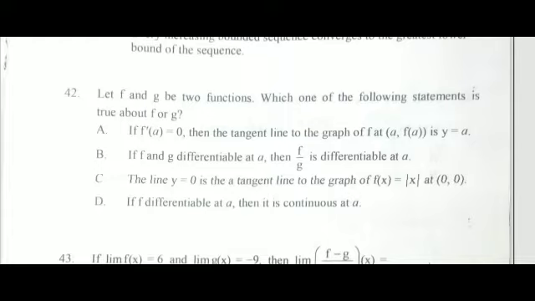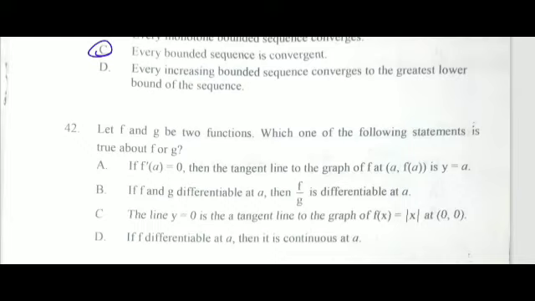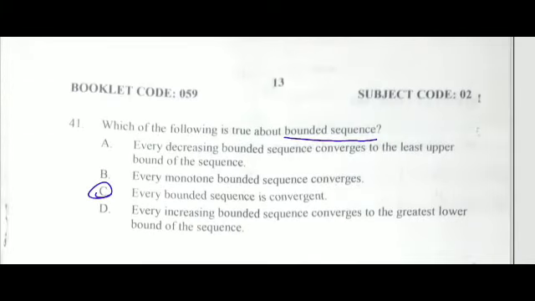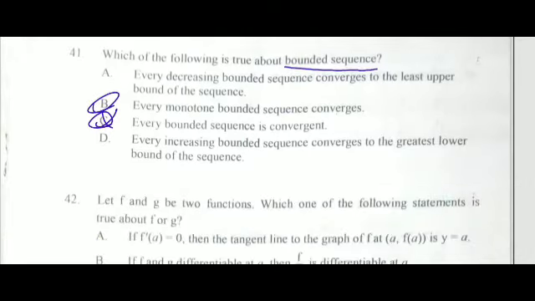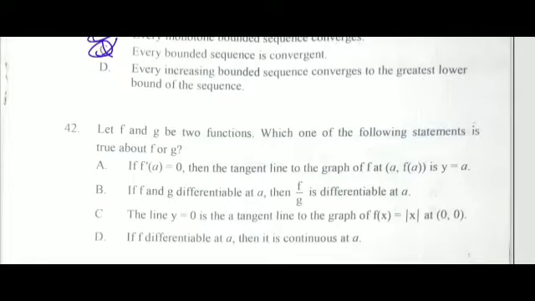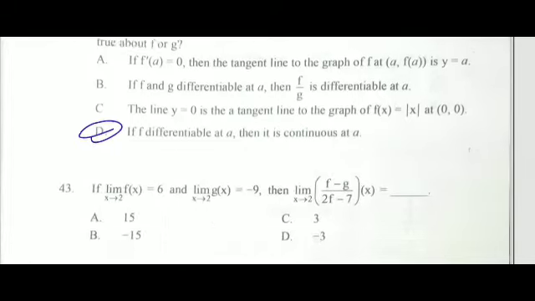Sorry, in 41, every monotonic bounded sequence is convergent is the correct answer, B. Question 42: if f is differentiable at a, then it is continuous at a. This exam question is related to the theorem about differentiability and continuity.